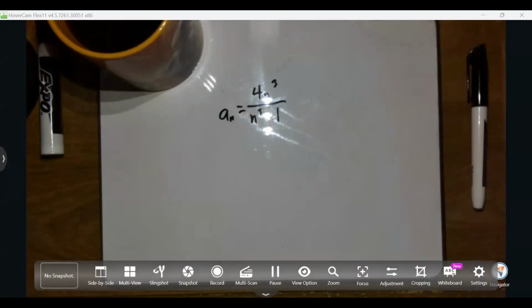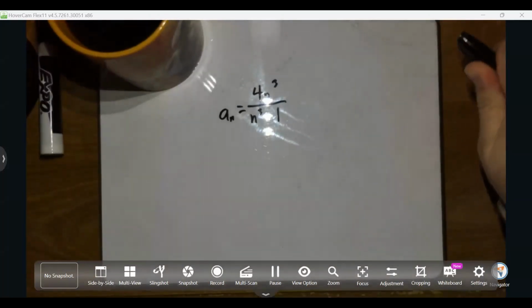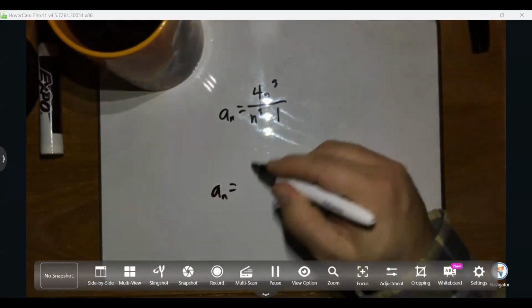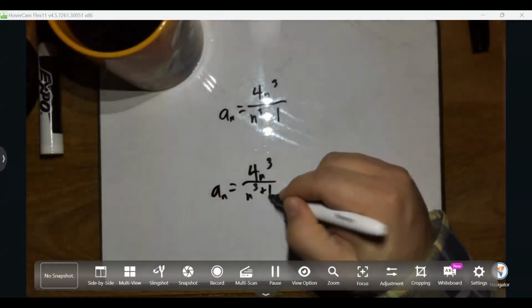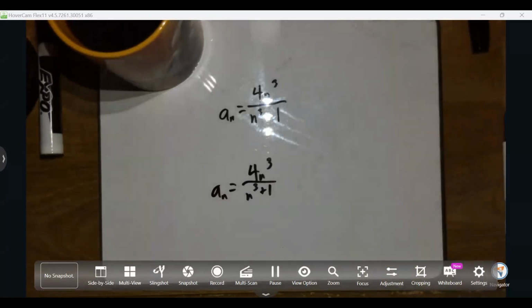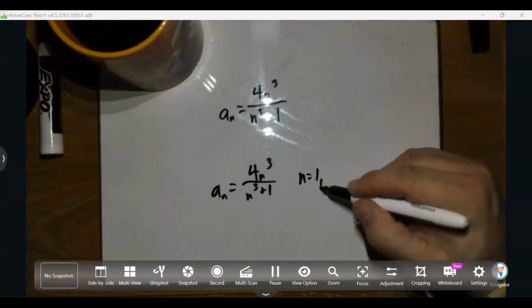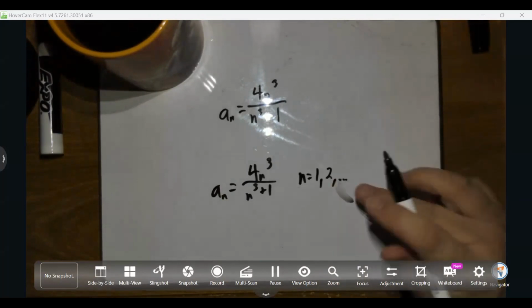The next is, let's say, a sub n is 4n cubed over n cubed plus 1. In this next example, we've got a sequence where we have an explicit formula, and generally the formula is going to tell you what values of n.